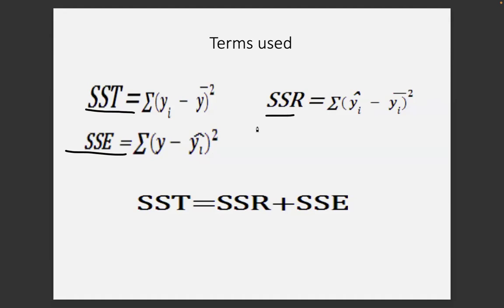SST means total sum of squares. SSE means sum of errors; the E stands for errors.